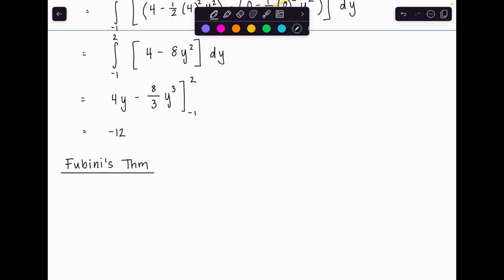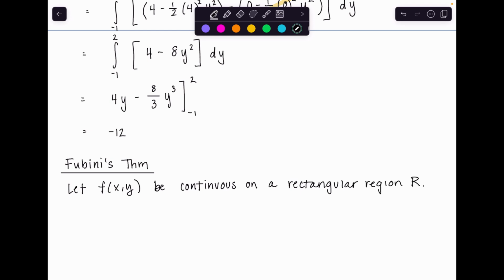So Fubini's theorem states that if we have a function f of x and y, we're going to let this be continuous on a rectangular region. And again, that is a key component.